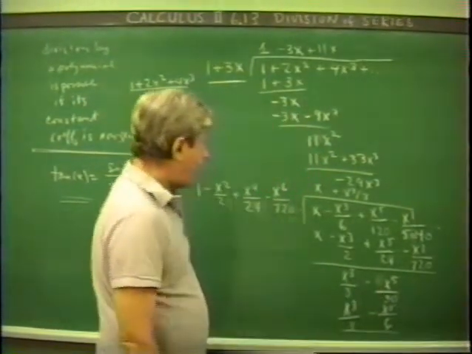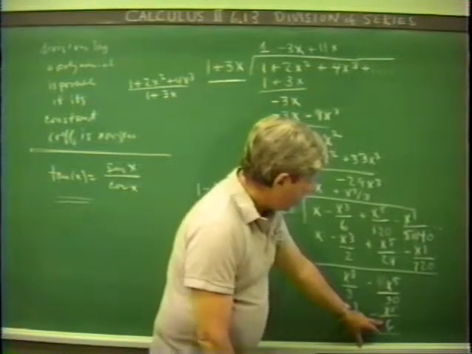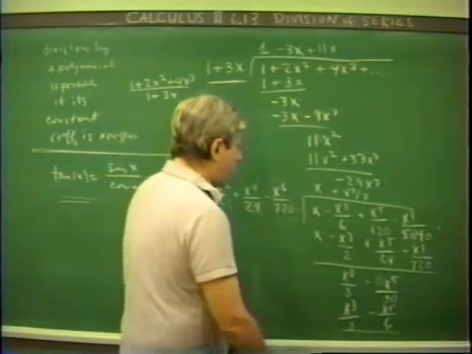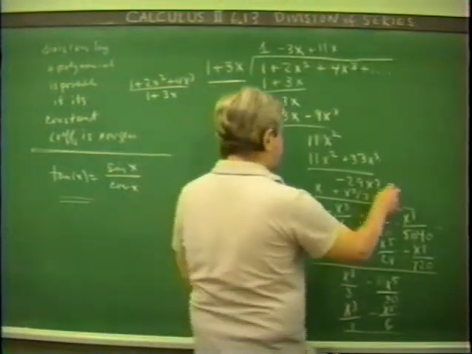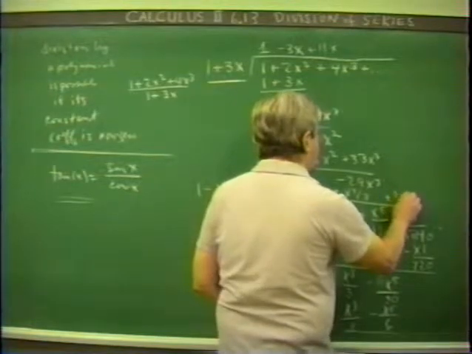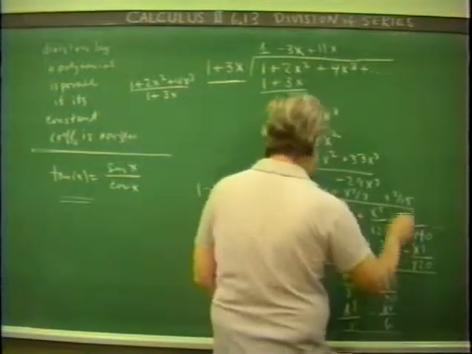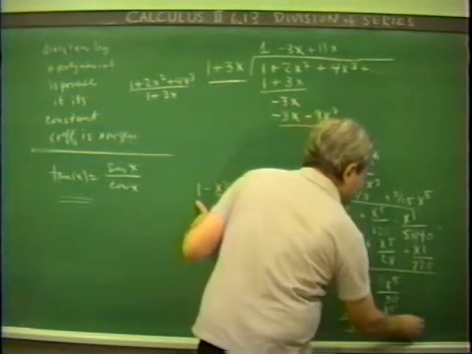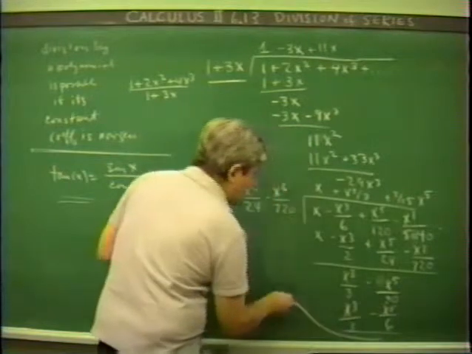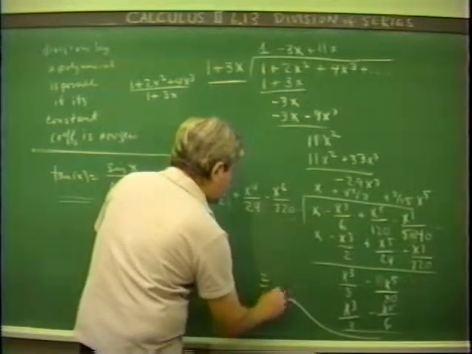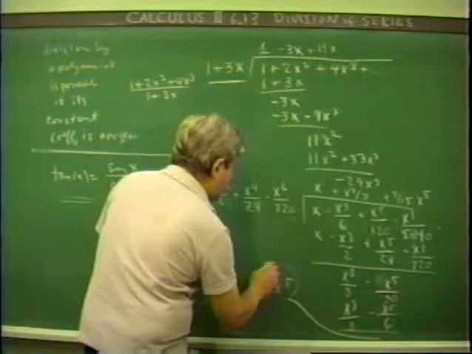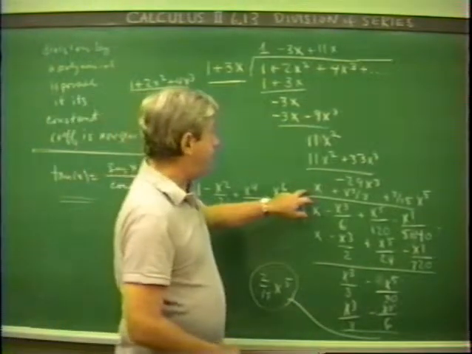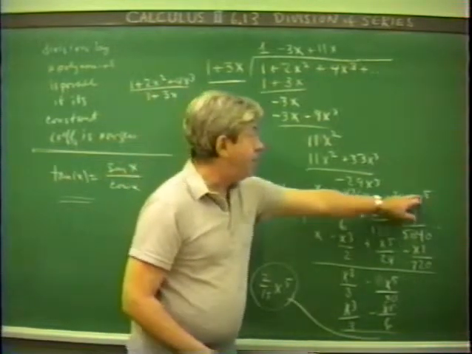We've got x to the 5th over 6, plus minus x to the 5th over 30, which is, a sixth is 5/30ths, so we end up with 4/30ths, or 2/15ths. So our next term up here is going to be 2/15ths x to the fifth, in order to get the 2/15ths x to the fifth remainder term down here.